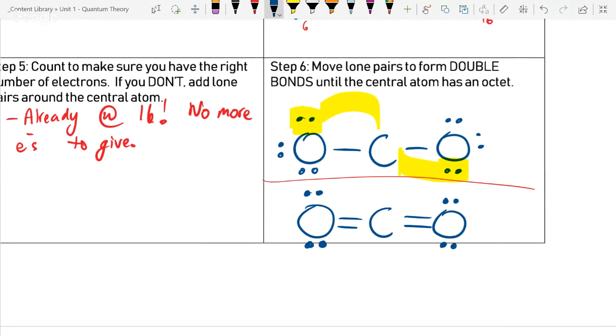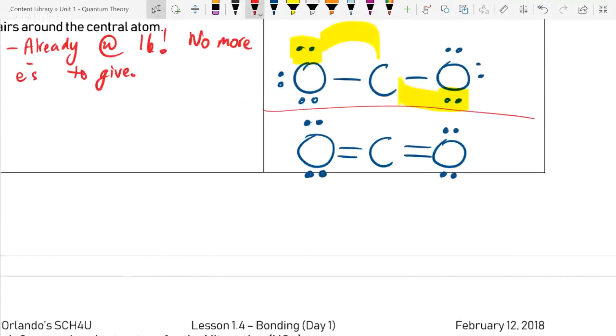And let's make sure of what we want to check for. 1. Are there 16 electrons? Well, 2, 4, 6, 8, 10, 12, 14, 16. So we have 16 electrons. What's the other thing I want to check for? Yeah, very good.